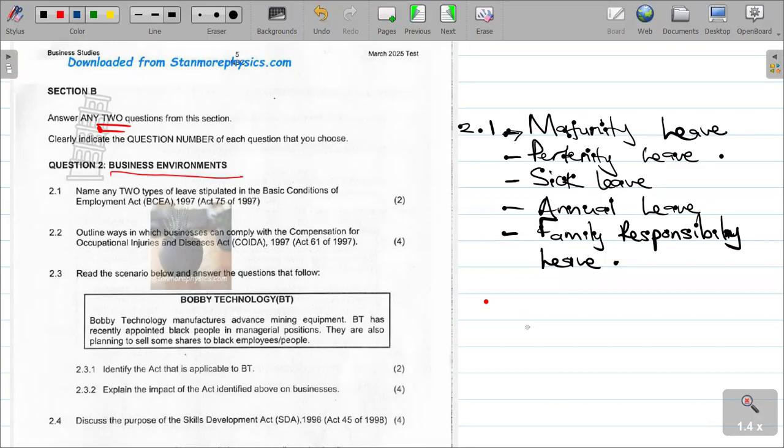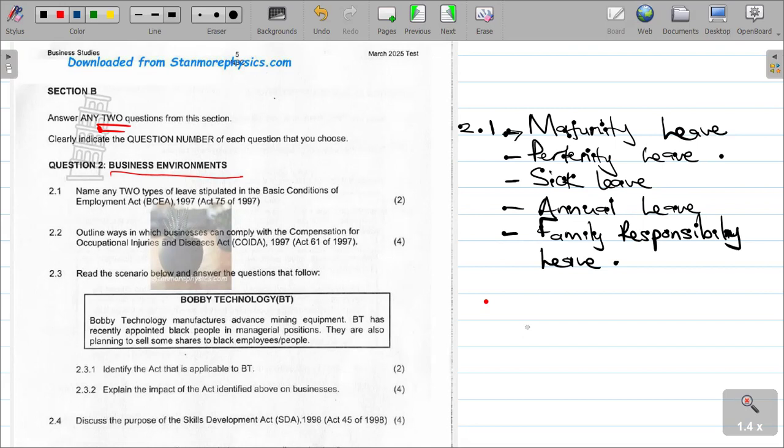It's all about compensating employees for injuries and death that occurred at work, meaning to say it does not compensate an employee who has been injured outside the working environment.